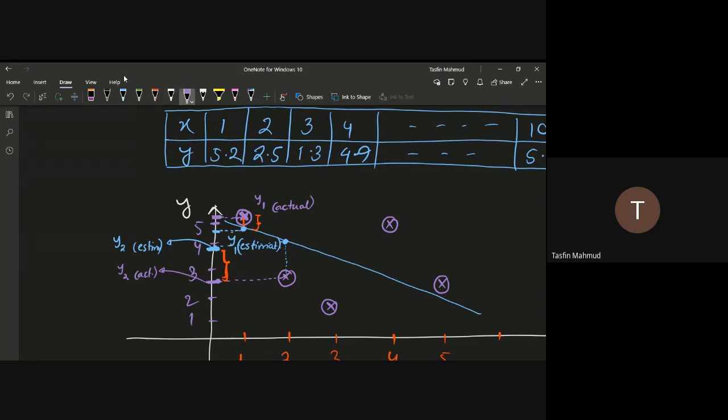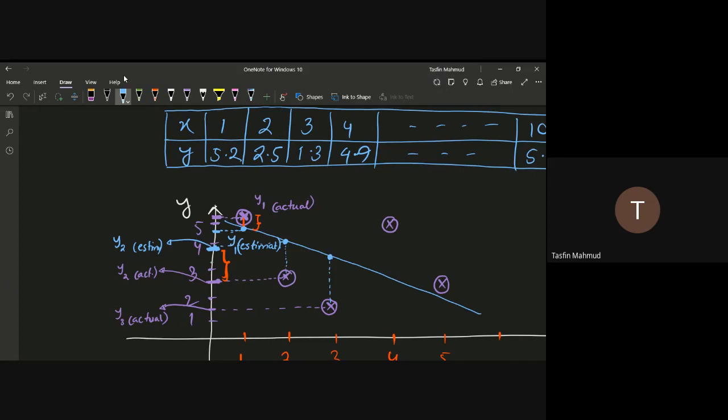So for the third data point, this is the actual data. So it would be our y3 actual. And if we consider our fitted straight line, then we will get a point here.